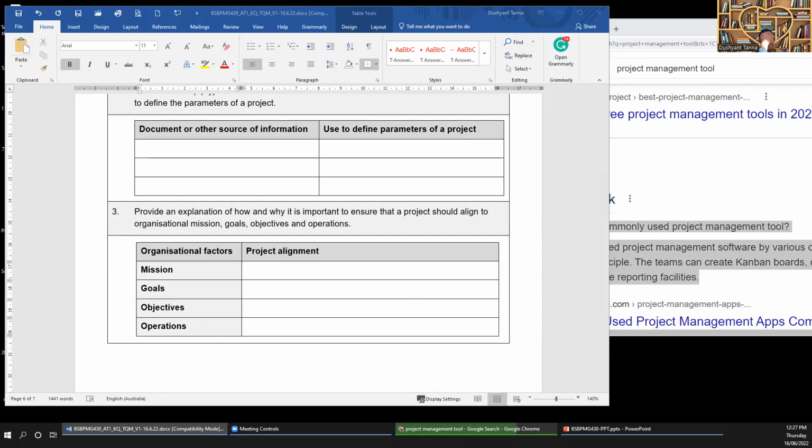If a company has a mission of fresh food, they want to serve fresh food to every consumer, then your project should help achieve that outcome. Everything that you do as a part of the project will lead to an ultimate outcome where you are serving the organization's mission and vision.